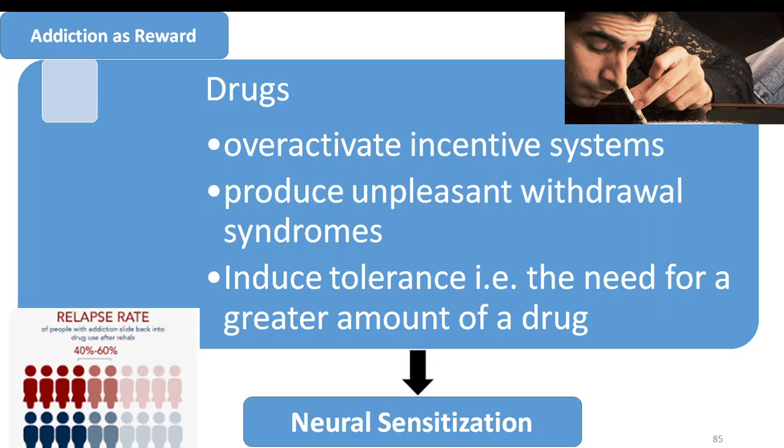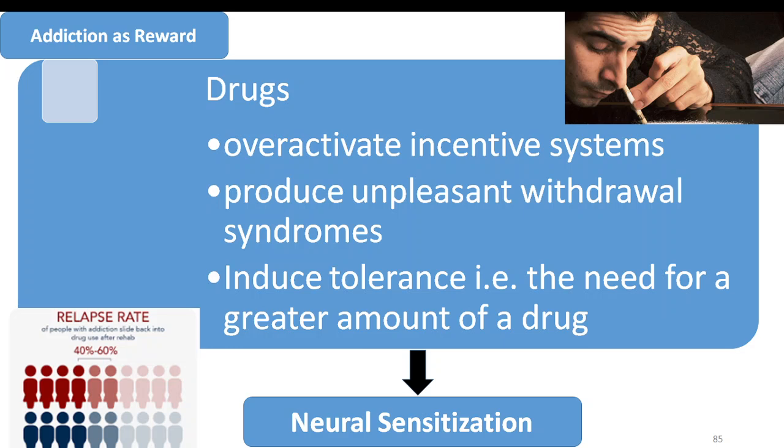There are three major factors in drug abuse that pull the person towards addiction. The first one is the ability of most of these drugs to overactivate incentive systems in the brain. They can produce high levels of activity in the dopamine system.